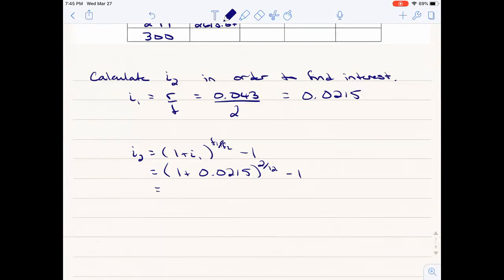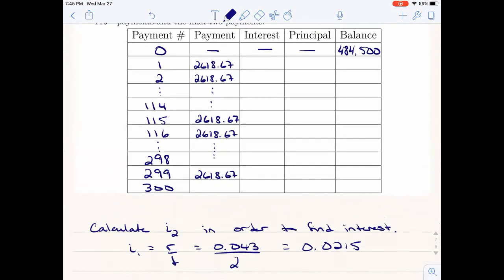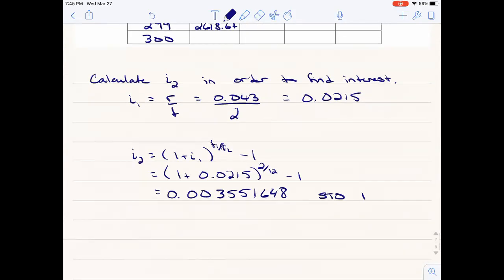That gives 0.00355168, which I'm definitely going to need about 6 times over, so I'm going to have to store it wherever you like. I'll do one.